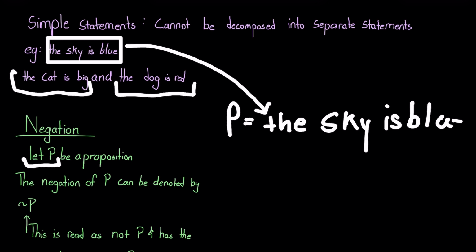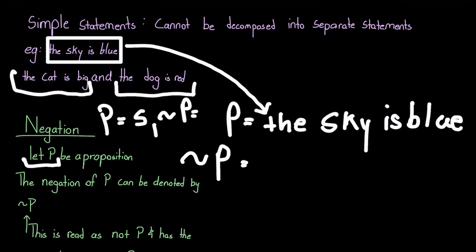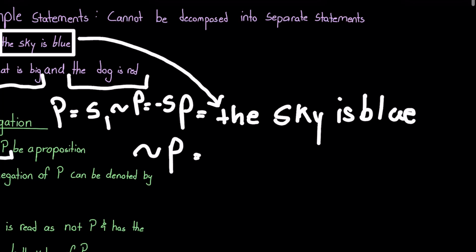Now the negation of P, which can be denoted by a squiggly line, is read as not P. So it's read as the negation of P. So using numbers, if we had P equals 5, then the negation of P would be equal to -5. So it's just a negative version of P. So if P here is the sky is blue, then the negative version of the sky is blue is the sky is not blue.